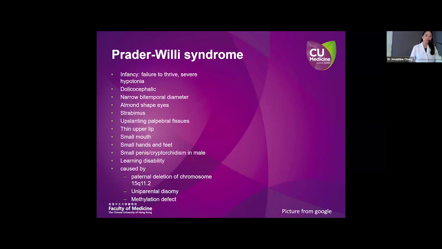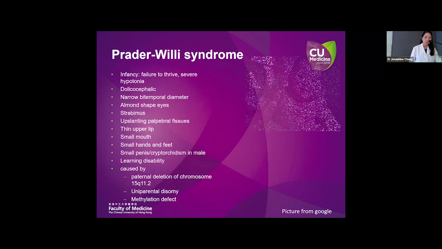And then here comes Prader-Willi syndrome. Prader-Willi syndrome has different clinical features depending on the period of presentation. During infancy, usually patients present with failure to thrive and severe hypotonia. So during that period of time, they are usually underweight. And later on, because of abnormal feeding and eating patterns, patients will become overweight.